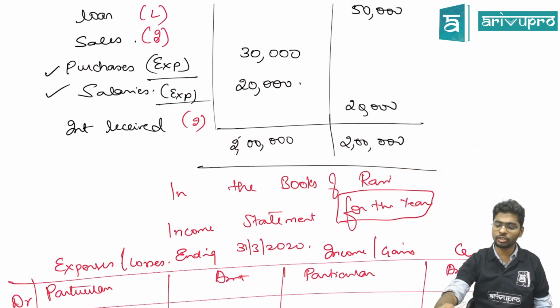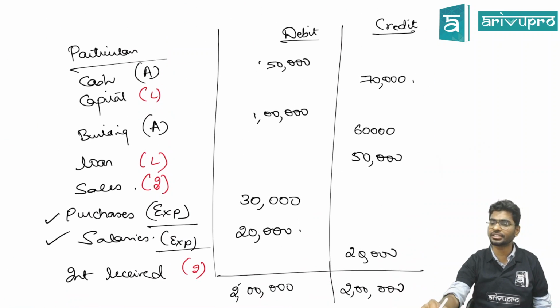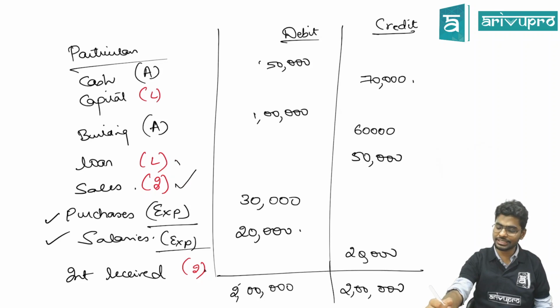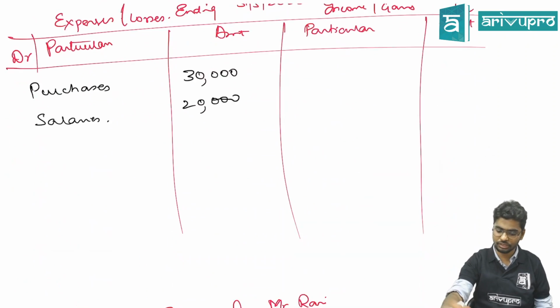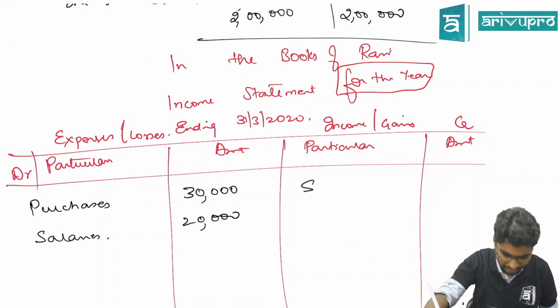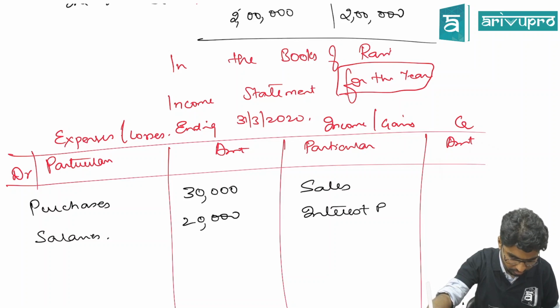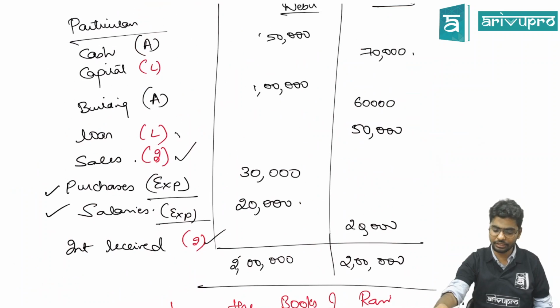Now let me come on the credit side. What all do I have on the credit side? Let me write the incomes first. Which are the incomes I have? Sales and interest received. So I'll come to my credit side, write down sales and interest received.